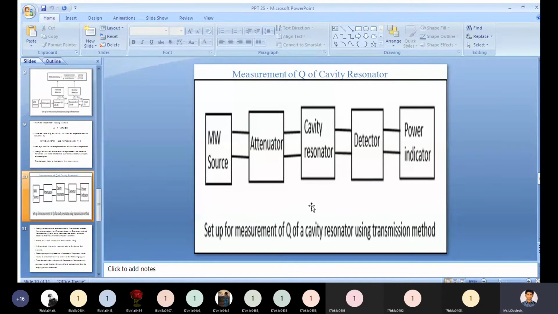See from this diagram, there are three methods for measuring the quality factor of a cavity resonator: transmission method, impedance method, and transient decay or decrement method.